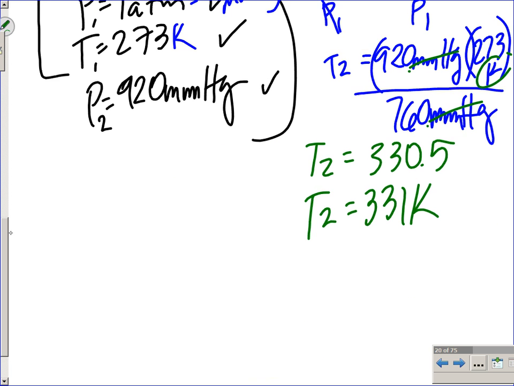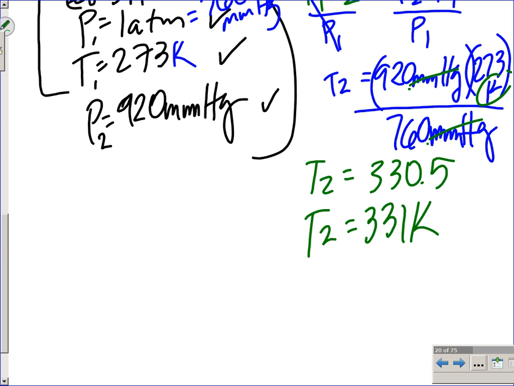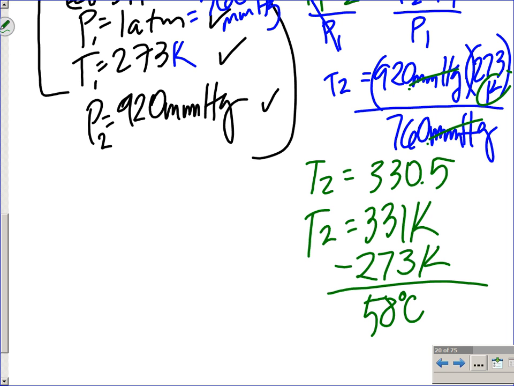How do I get to Celsius? So this minus 273, which is 58. Sounds right. So that's why I probably published mine in Celsius, so you can see the relationship between the temperature variables.